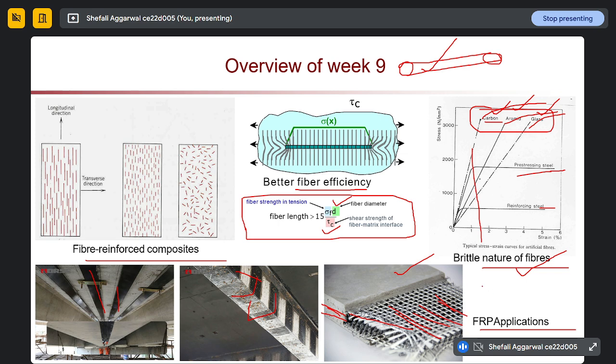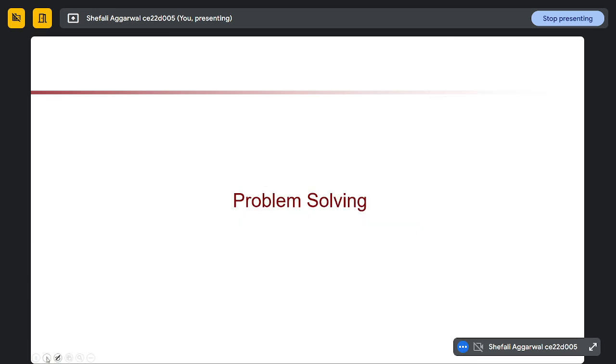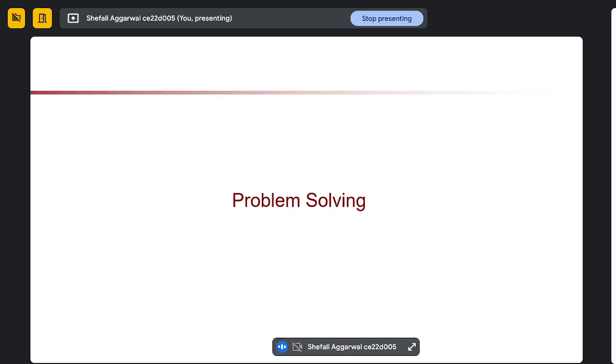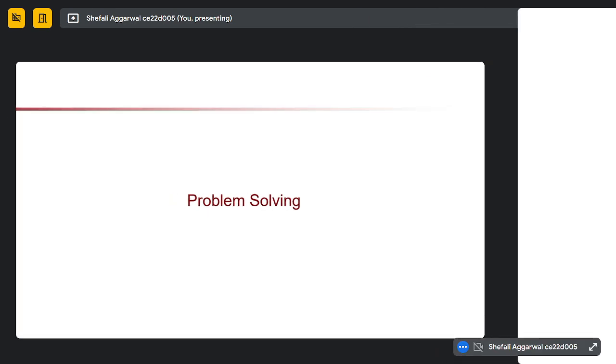These are the normal FRP or textile reinforced polymer, which are added to the matrix of concrete to give it a good tensile property. That's all you might have studied in week 9. If you have any question, you can ask. Otherwise, we will go to some question answer for this session.